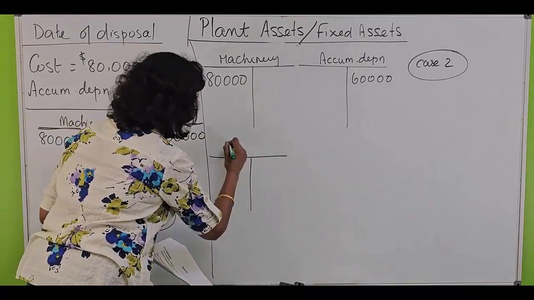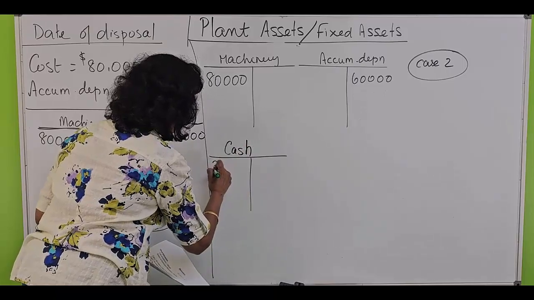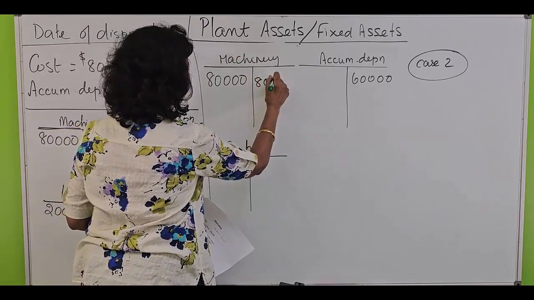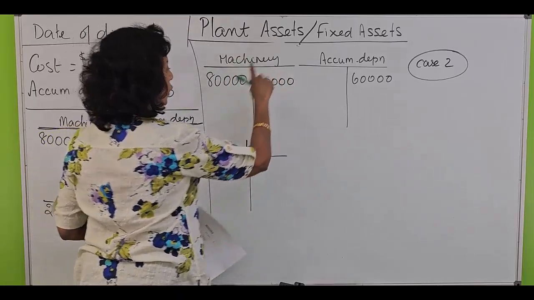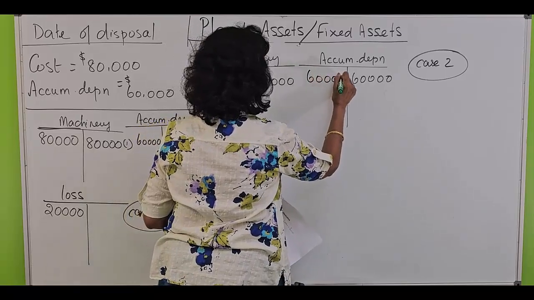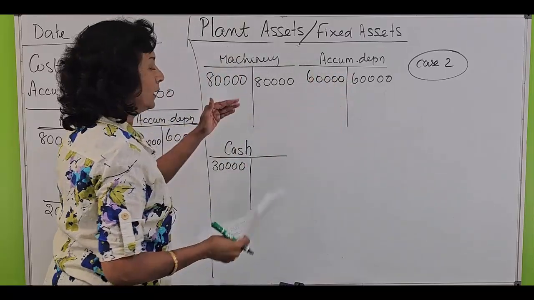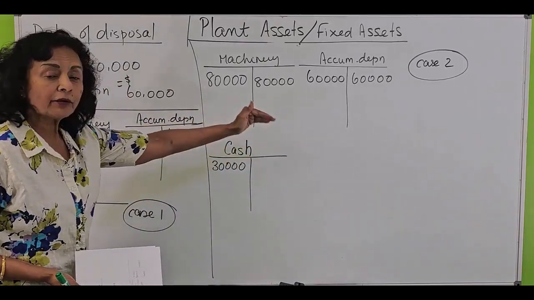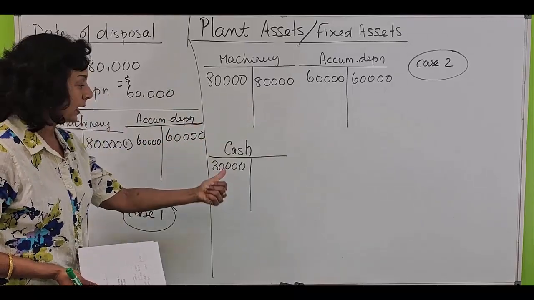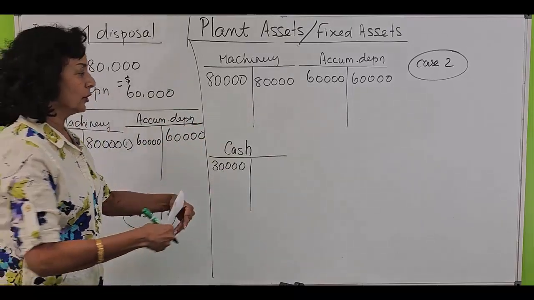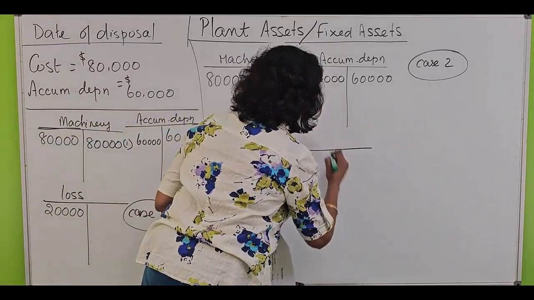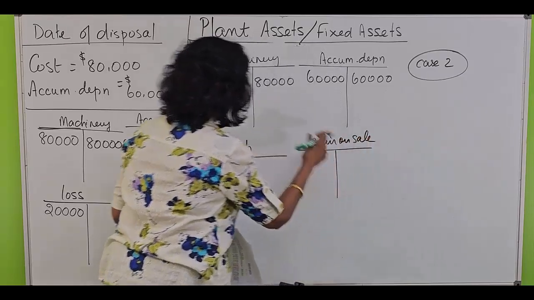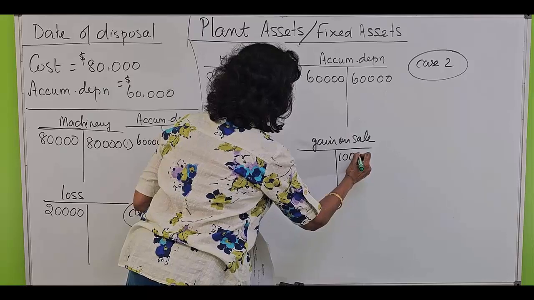You debit cash for $30,000. Then you will credit the machinery for $80,000. You will debit the accumulated depreciation for $60,000. Now there's a gain of $10,000. Why? Because the book value of the property they are selling is only $20,000 and they are getting $30,000 in return. So here you will credit gain on sale of the asset for $10,000.